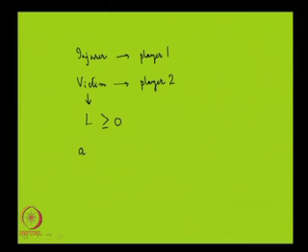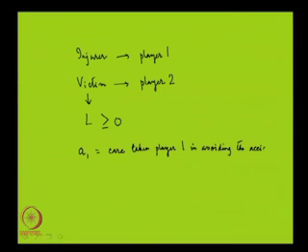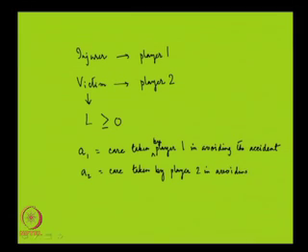So, this L can be thought of as a function of two variables, A1 and A2. Now, what kind of function is L of these two variables?